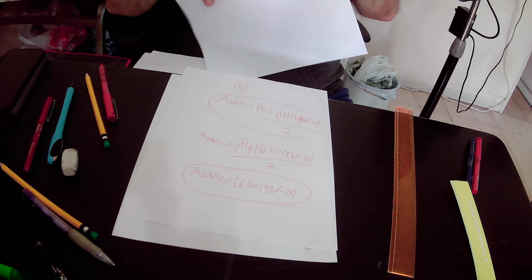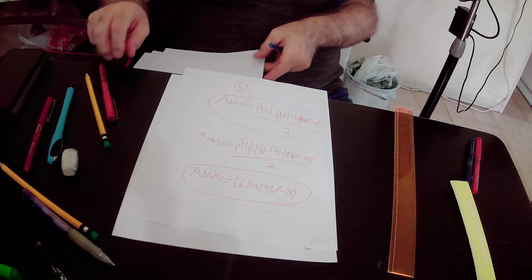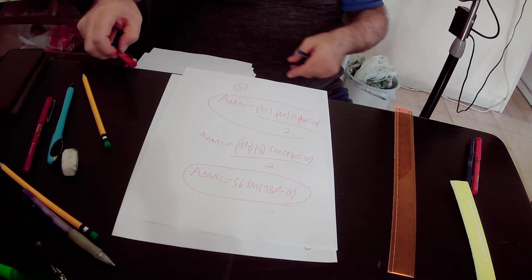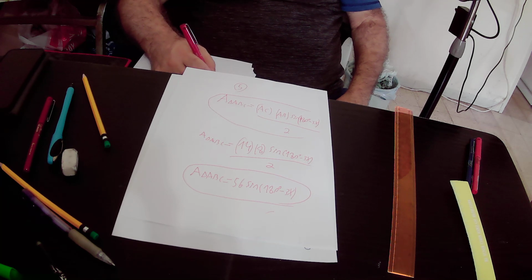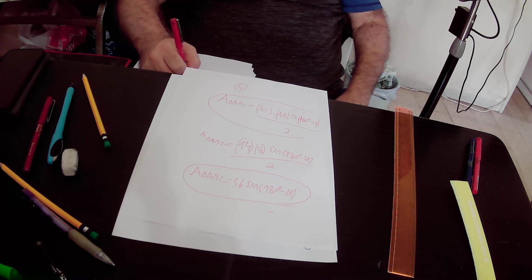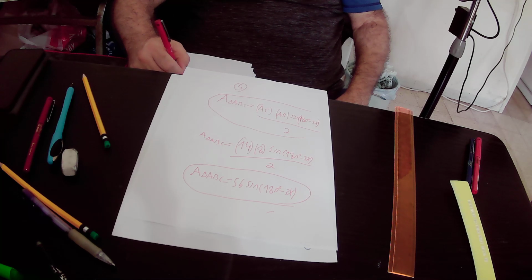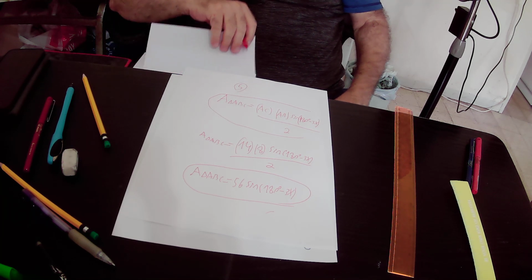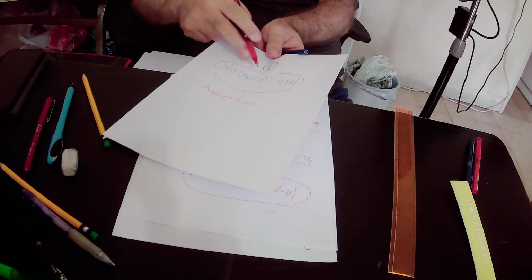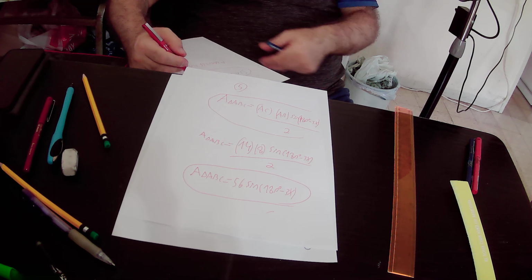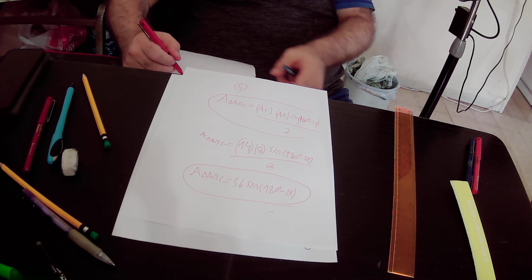So we write it down: the area of triangle ABC equals 56 times sine of 180 degrees minus 3x, which according to this identity equals sine 3x.